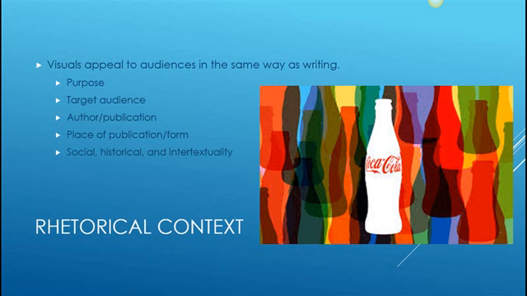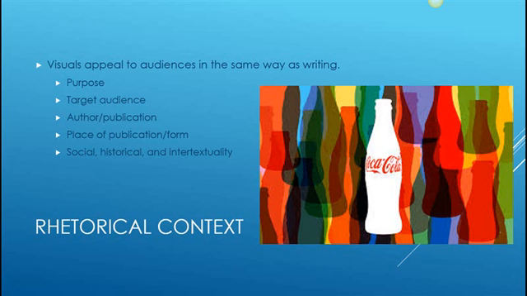And then finally, and here's a word you probably have not heard before, it's called intertextuality. So how does the visual connect or contrast with other forms of argument? And those forms could be written or they could be imaged. So in other words, we're looking at what is the connection between the visual you're looking at and other arguments that are made, whether those be written arguments or other visual arguments.